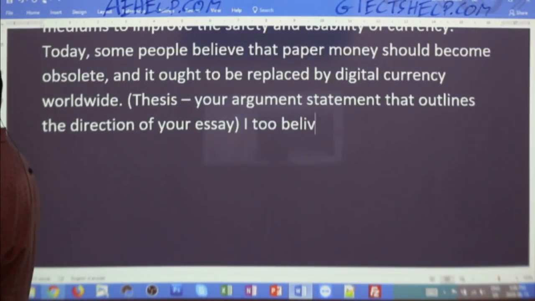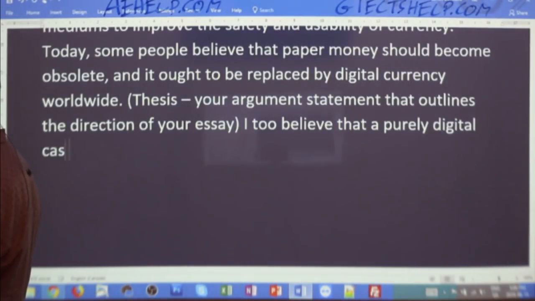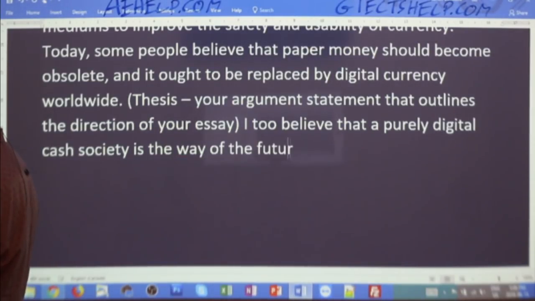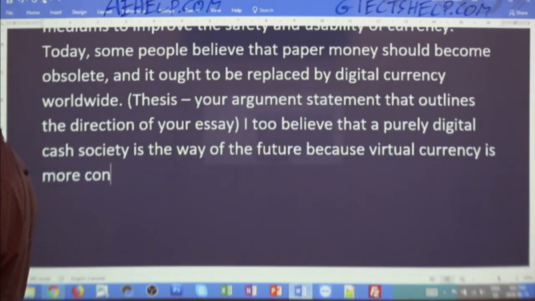I too believe that, let's paraphrase a little bit more, that a purely digital cash society is the way of the future because virtual currency is more convenient and safe.